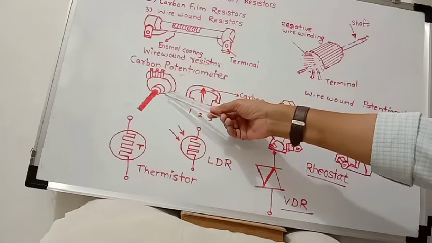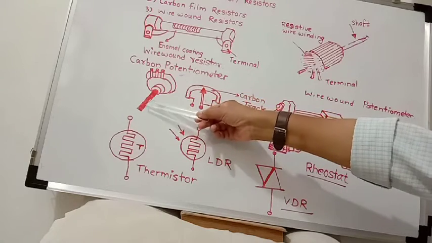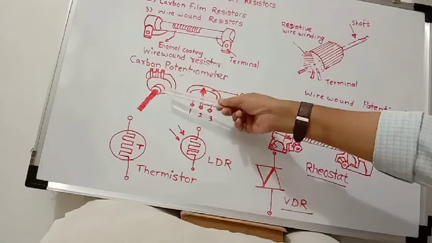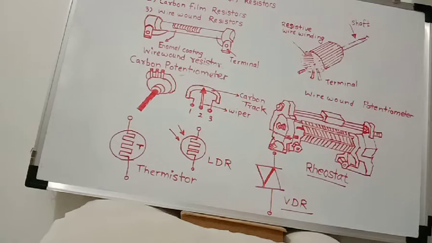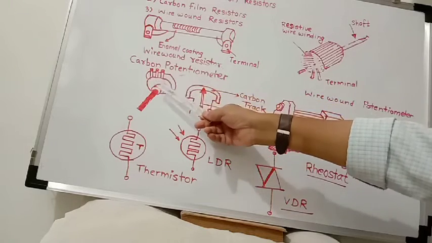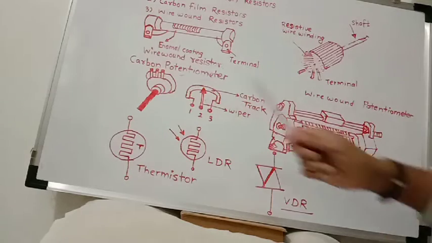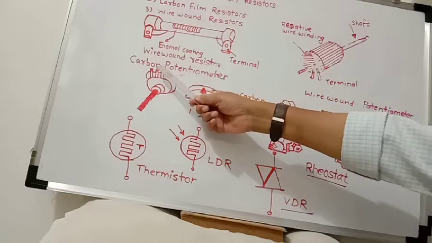This is a carbon potentiometer, a variable resistance. Its resistance varies when the shaft is rotated. This carbon potentiometer has three terminals: 1, 2, 3.